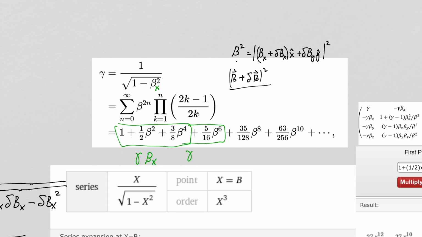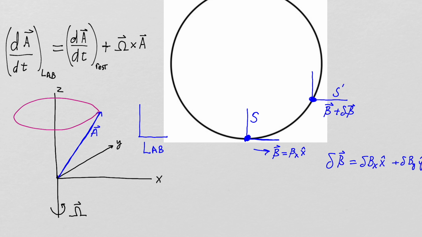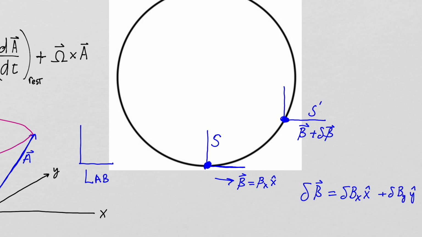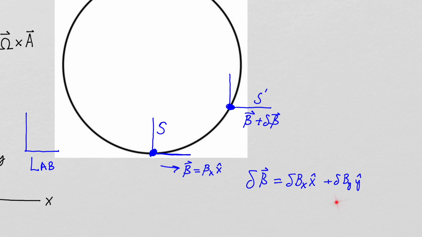What we didn't do is we didn't really exploit the fact that this guy was moving in a circle, right? Remember, delta beta was an arbitrary little infinitesimal boost.